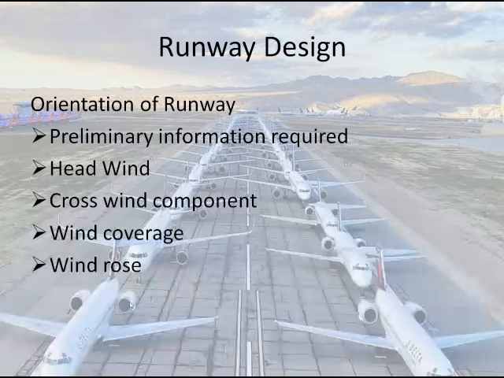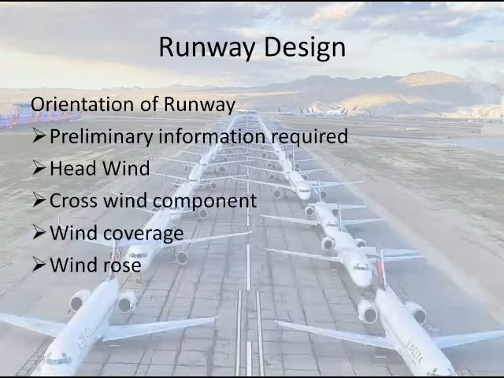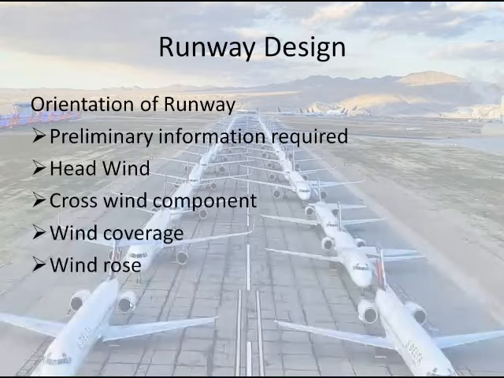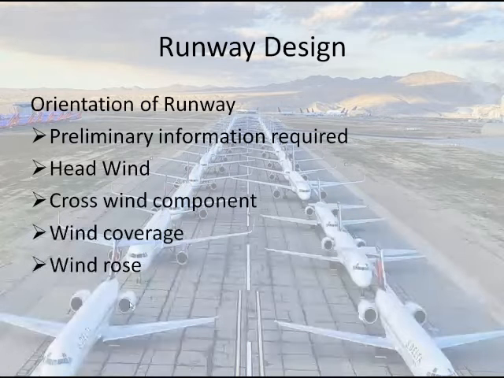The orientation of runway along the headwind grants the following two advantages. During landing, it provides a braking effect, and the aircraft comes to a stop in a short length of the runway. During takeoff, it provides greater lift on the wings of the aircraft.